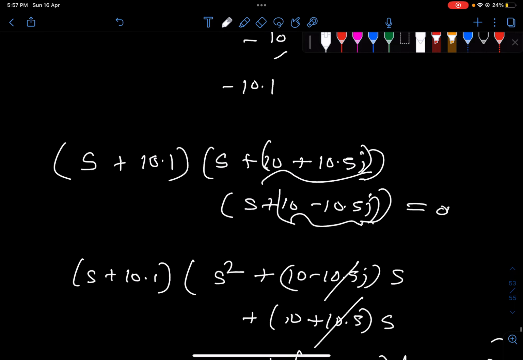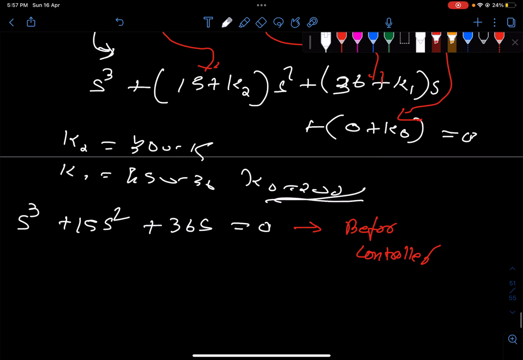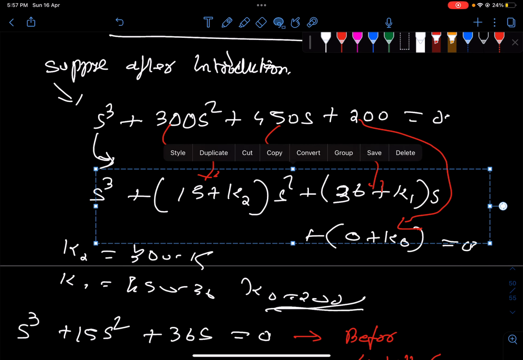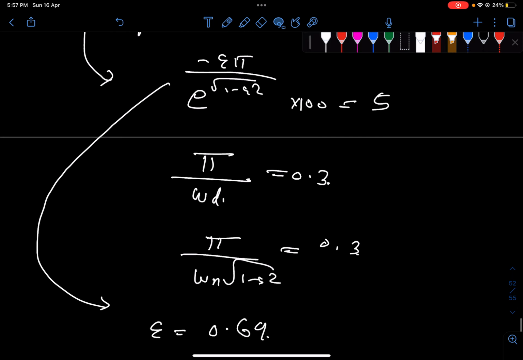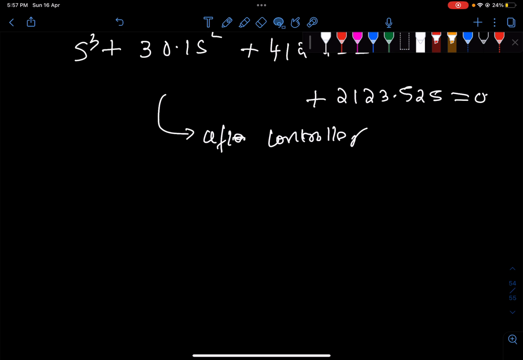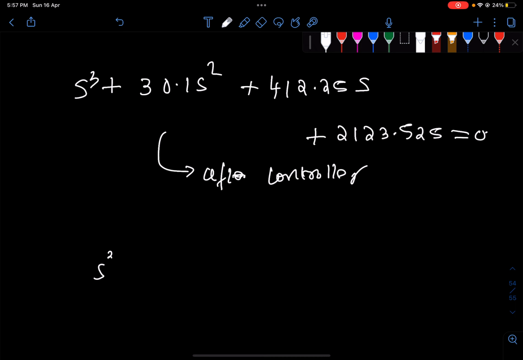So after the controller, this is the equation we should get, right? Because with a0 and a1 we should add k0, k1, right? Everything I told you initially. Before the controller, our characteristic equation was s cube plus 15 s square plus 36 s plus 0 equal to 0.